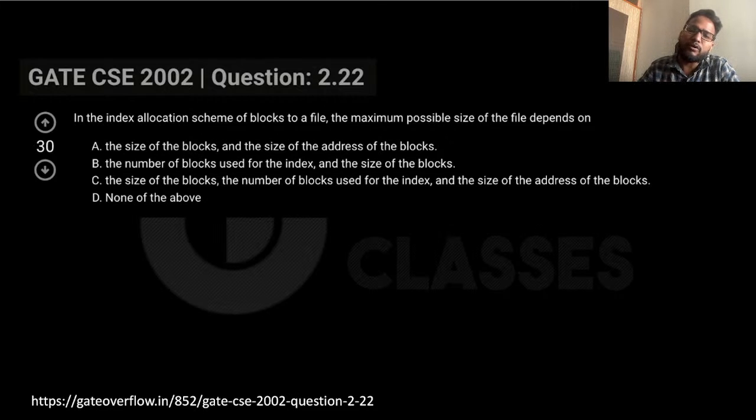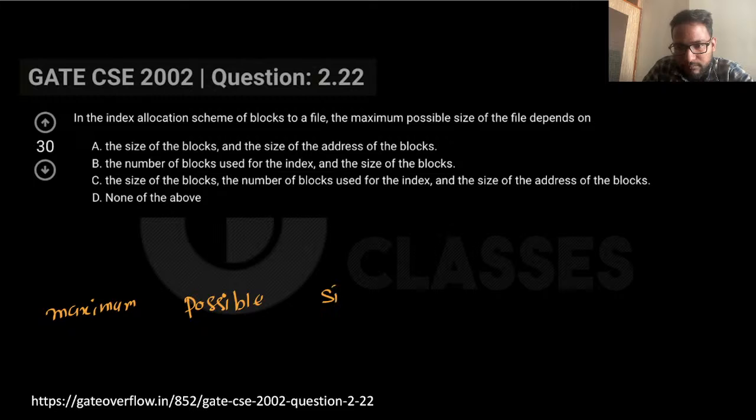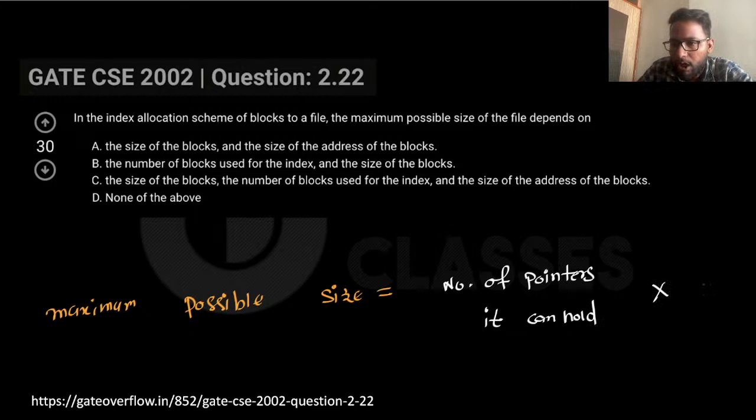See, what is the formula to calculate the maximum possible size? You will say the maximum possible size is the number of pointers that it can hold into a block size.